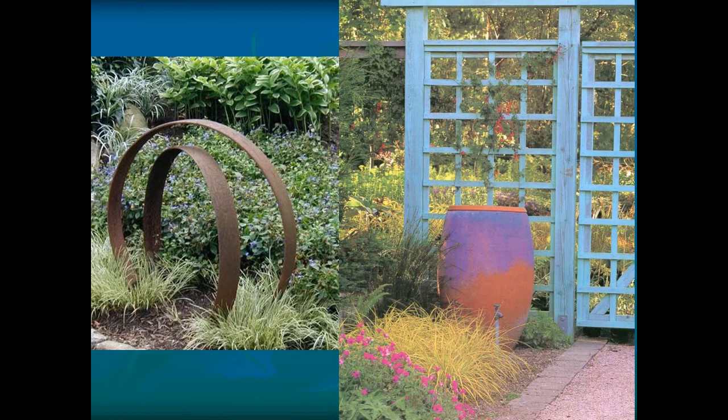You can place sculpture or those beautiful large urns, an arbor or a trellis, maybe painted in a wonderful color. Just putting that in the garden gives it a focus and a definition for the native plants that are around those objects.